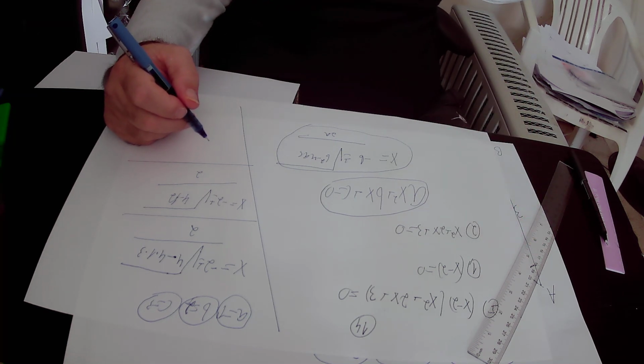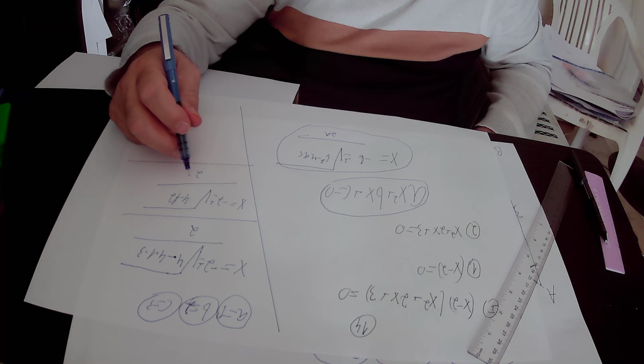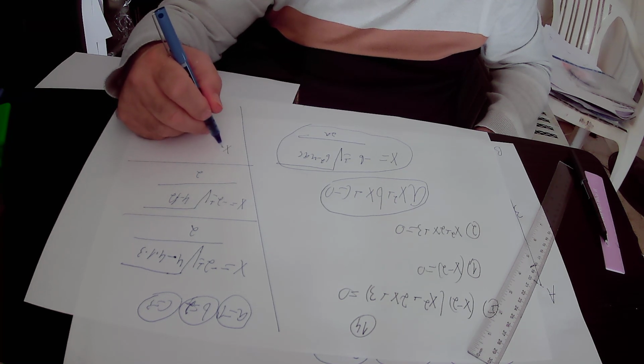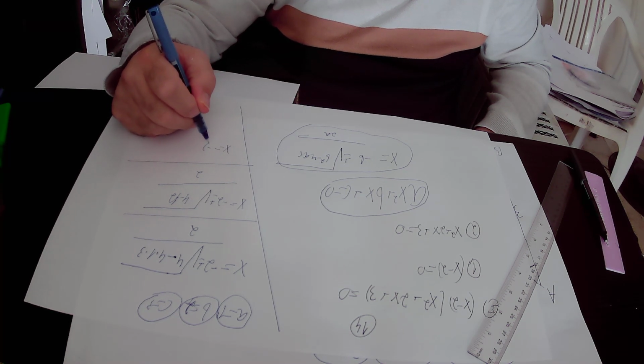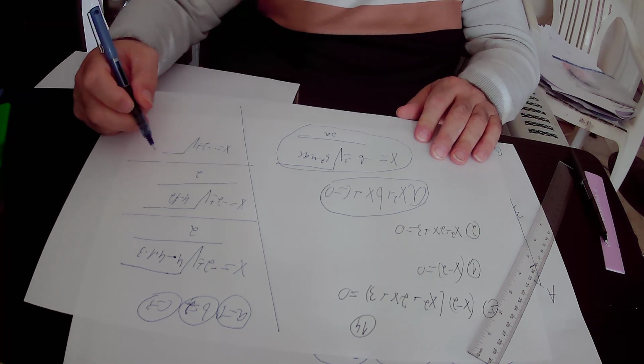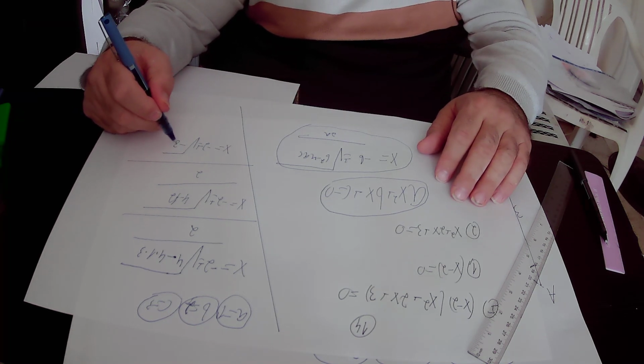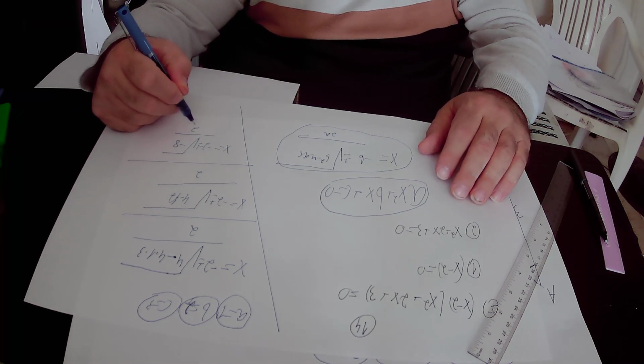So we continue to solve this formula. X equals to minus 2 plus minus square root of 4 minus 12, which is minus 8, over 2.